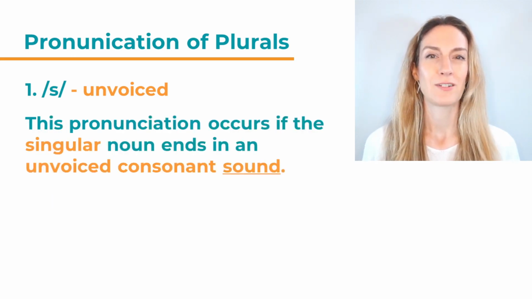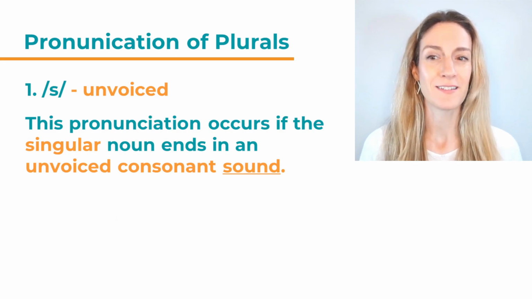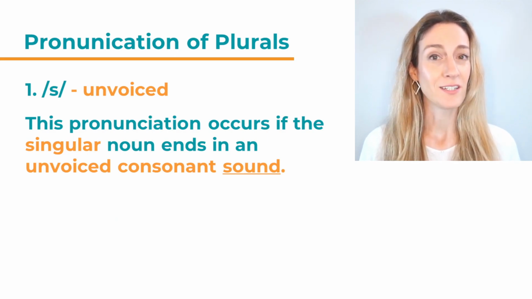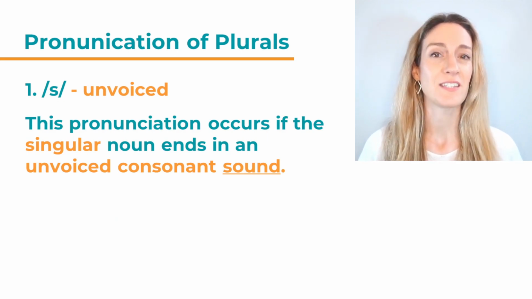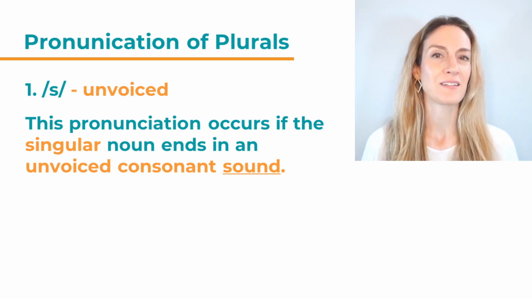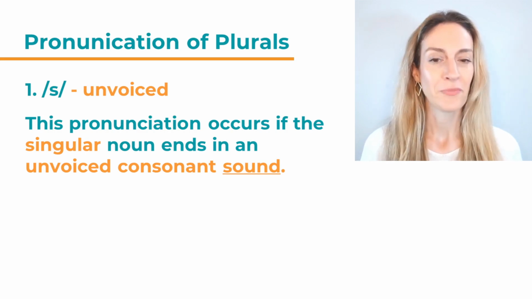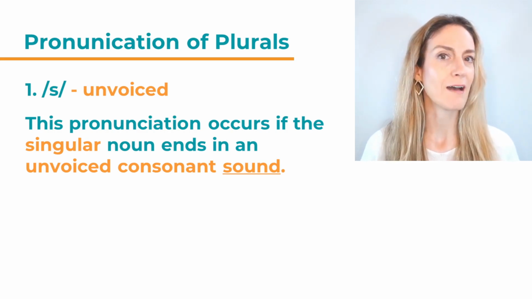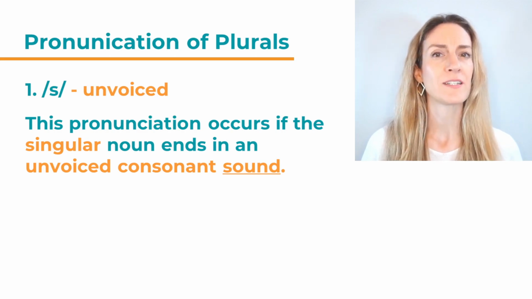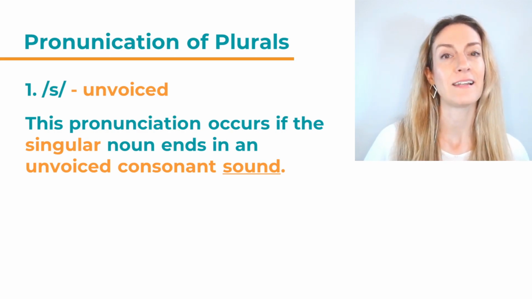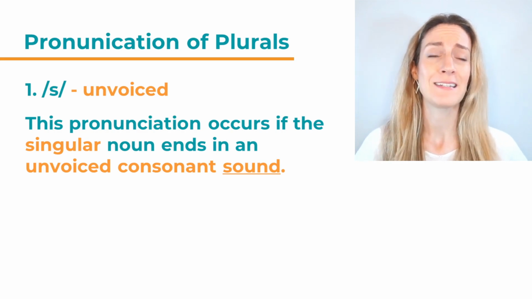So to summarize, the rule is this: this pronunciation occurs if the singular noun ends in an unvoiced consonant sound. And I underlined sound because, of course, we have to go by sound. Sometimes the words end in a consonant and then the letter E, but the letter E is not pronounced.